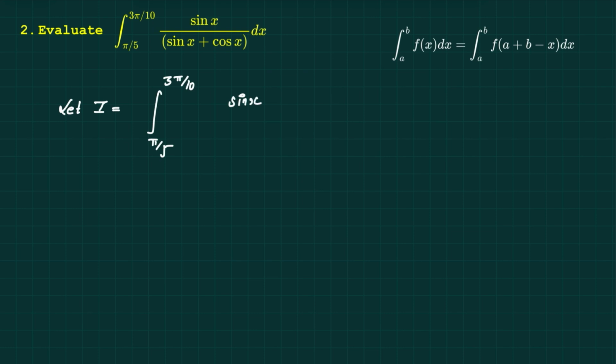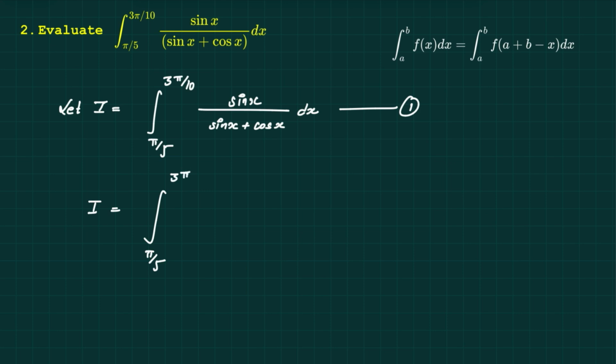So let I equals integration from pi over 5 to 3 pi over 10 of sin x over sin x plus cos x dx. So let this be equation 1. Now applying the given property, this can be written as integration from pi over 5 to 3 pi over 10 of sine of, instead of x we will write a plus b minus x. So here we will write pi by 5 plus 3 pi by 10 minus x.